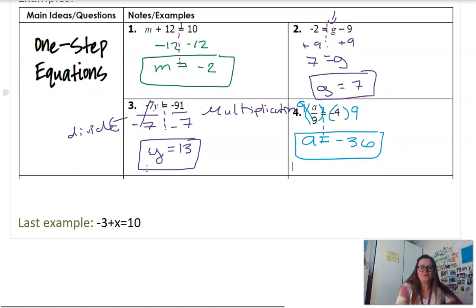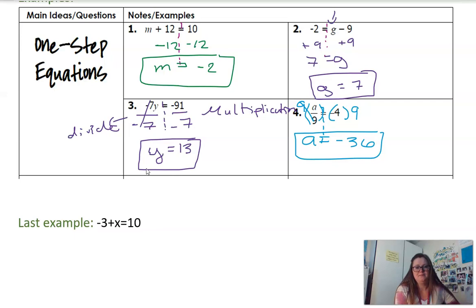So now we've done an example of each, but I do want to do this last example here. This one looks a little different than any of the other ones we've done. It is an addition example in a sense, but notice this is a negative 3.